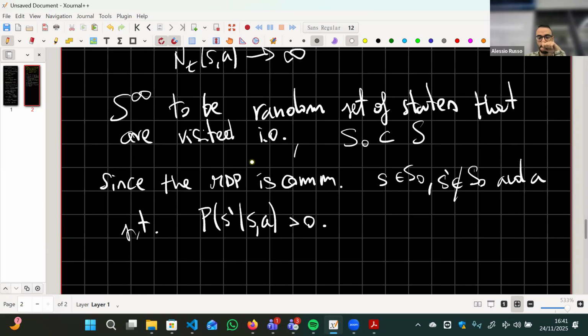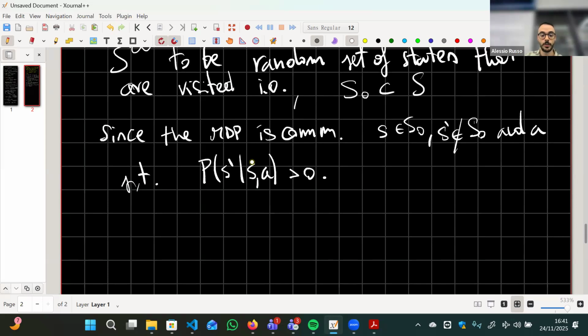So why does this hold? Because the MDP is communicating. So in the MDP, if you split the set of states in any two clusters, you can always find two states, one in one cluster, the other in the other cluster, such that they are connected. Because if these two clusters are not connected at all for any action, then there is no way this MDP can be communicating. So you can always find S prime and an action A such that this transition inequality holds.